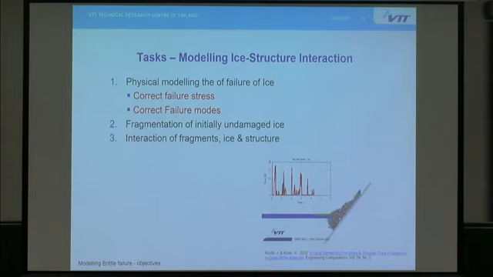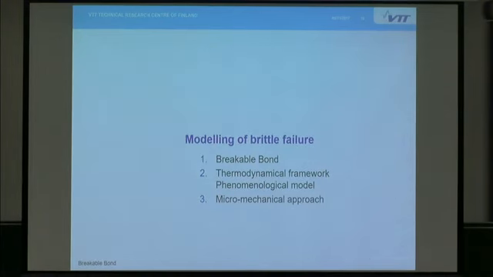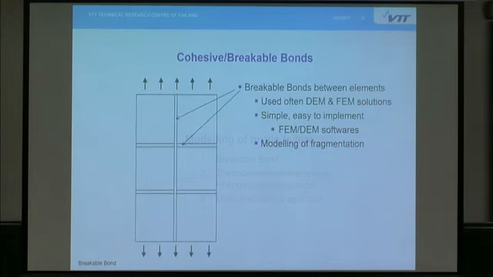We should somehow be able to model correct failure stress, but also correct failure modes. There are a number of models proposed that can predict correct failure stress, but not correct failure modes. And that I think is quite important if we discuss physical modeling of interaction. If you fail in the failure mode, I don't think you can model interaction as well. So let's go to the modeling.